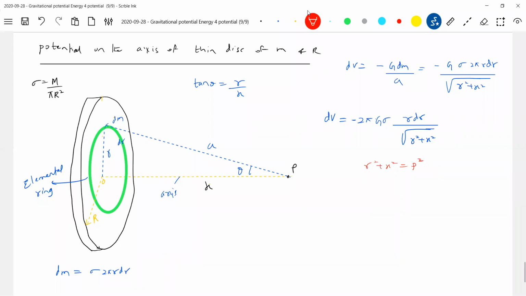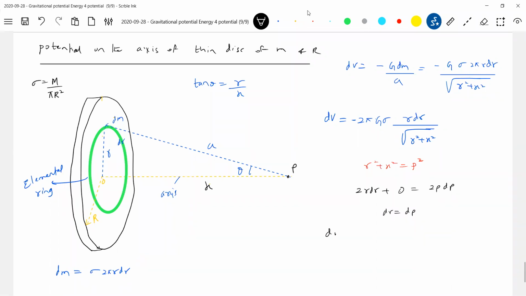What is a constant here? x is a constant, no? x is a fixed value. r is variable, from 0 to capital R. So if I differentiate, this will be 2r dr, this will be 0, equal to 2p dp. So in place of r dr, we can write it as p dp.